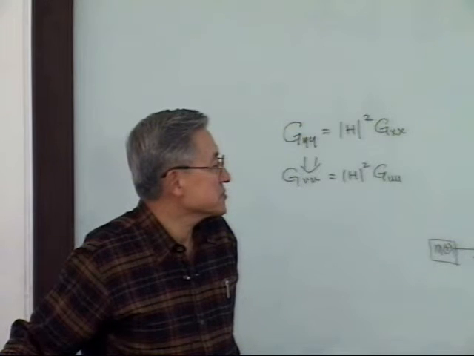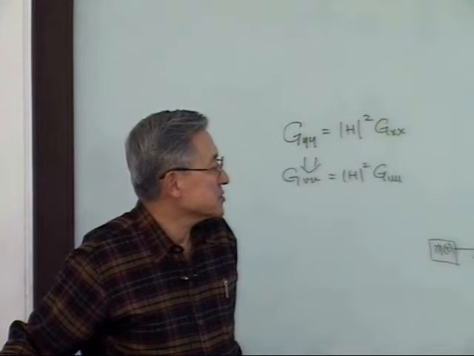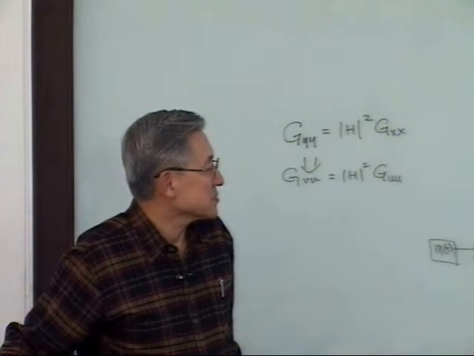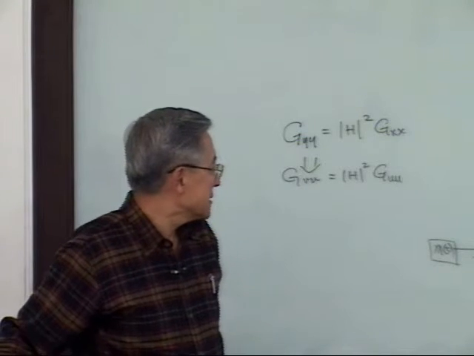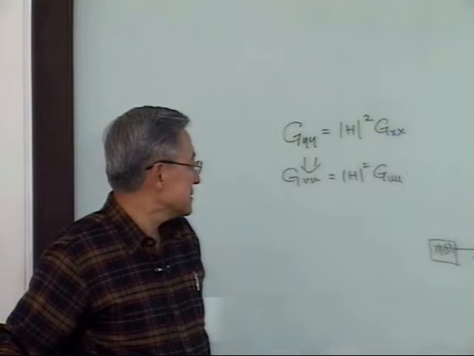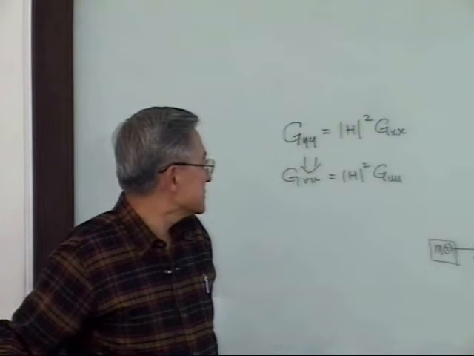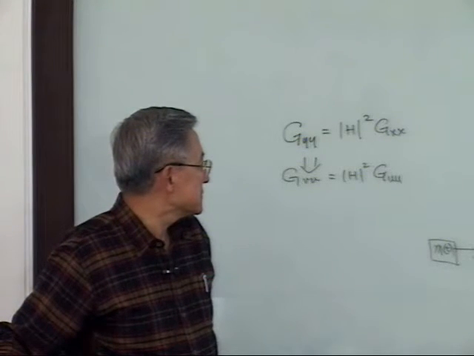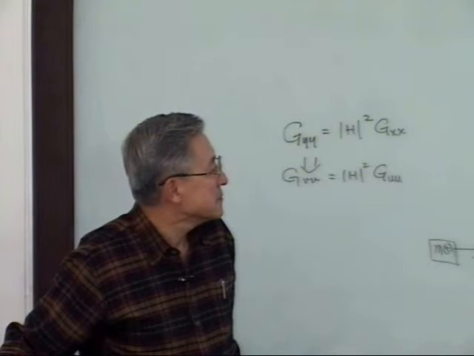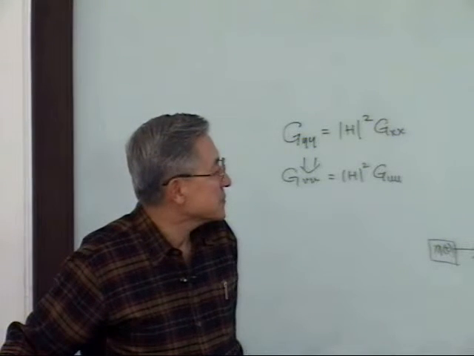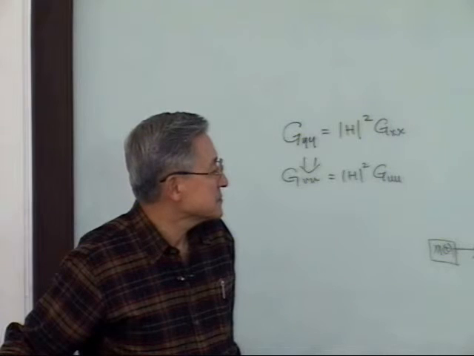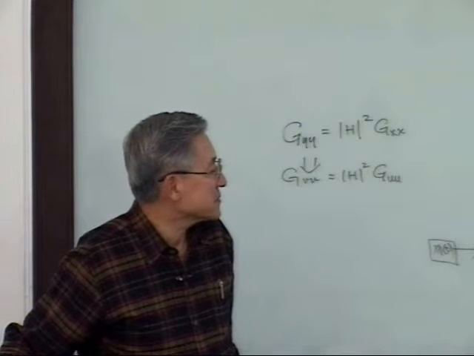UV is H times UU, the measured quantity here, which is only gamma. This is gamma HA.